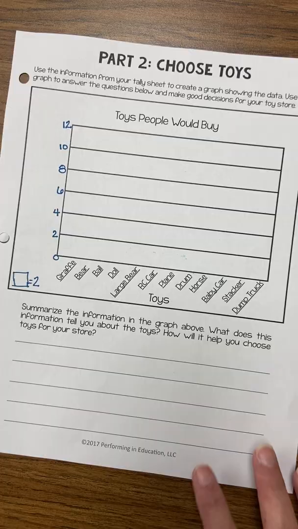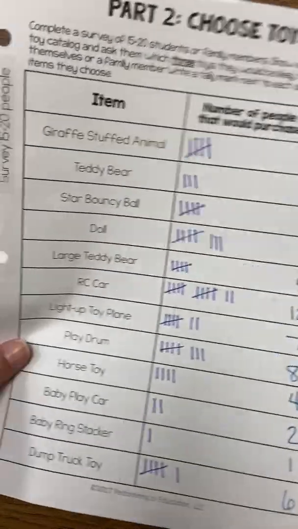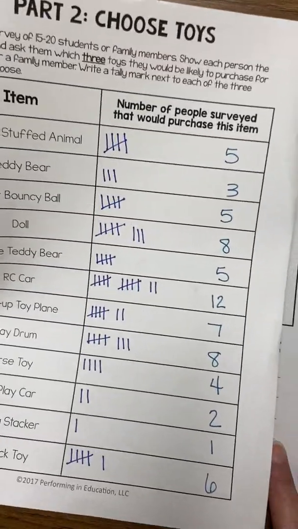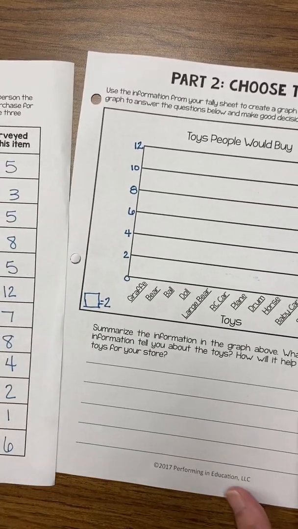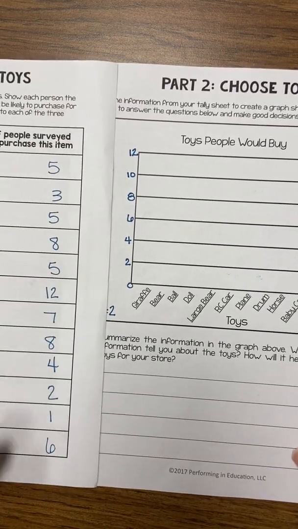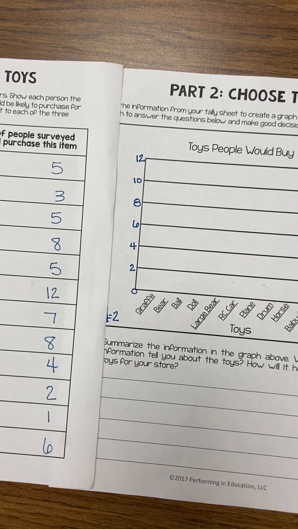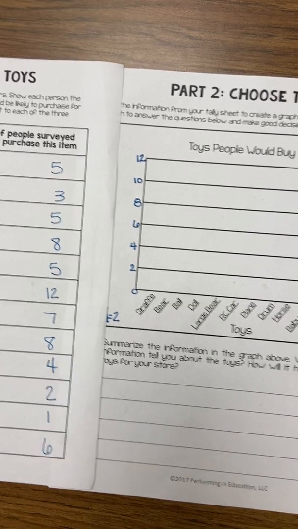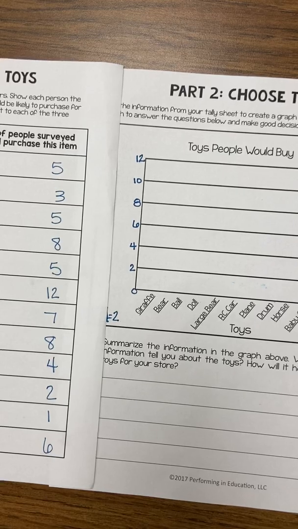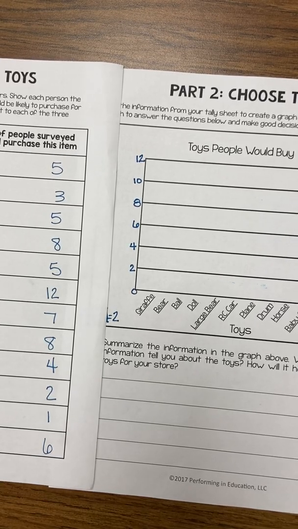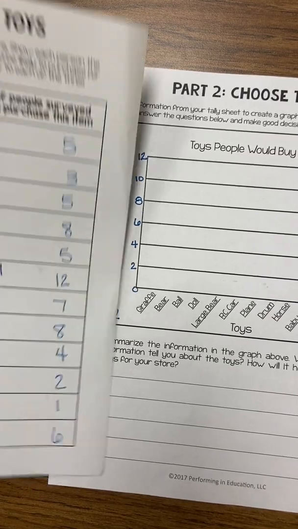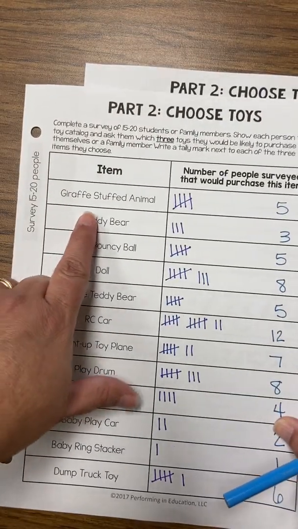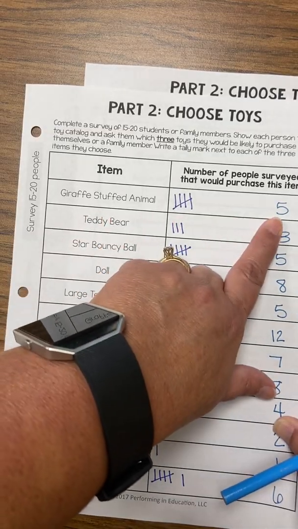Now you're going to take this data and, looking at the numbers you have, create a bar for each of your toys. I'm going to do one of them with you, and then you'll get to do the rest. I'm going to do the giraffe. I saw that 5 people picked the giraffe.